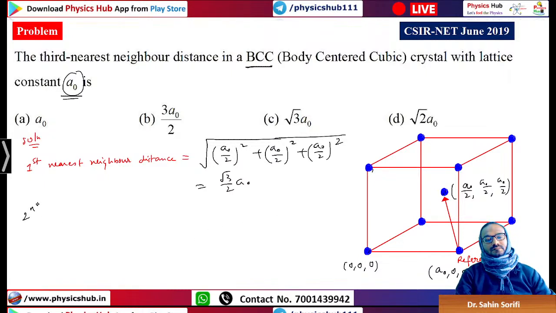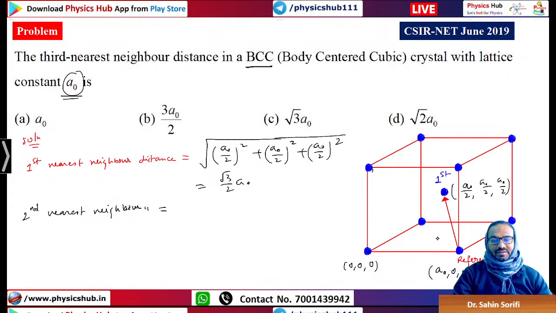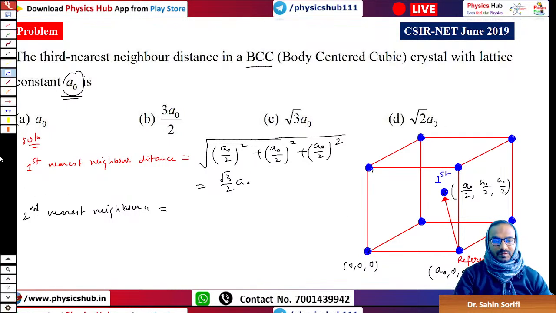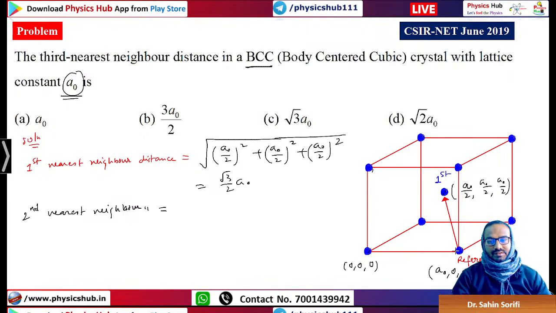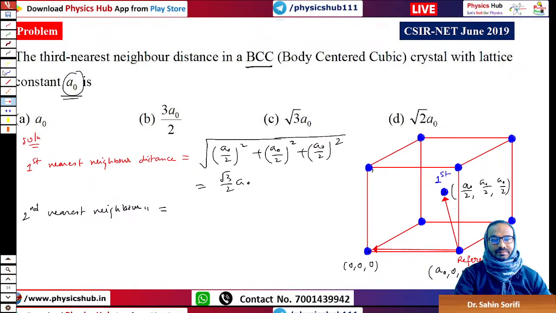Second nearest neighbor. What is the second nearest neighbor distance? This is the first one, the first nearest neighbor. Now the second nearest neighbor is this. Let's say if I show it in this way, this is the second nearest neighbor.